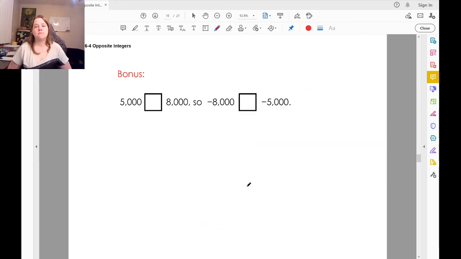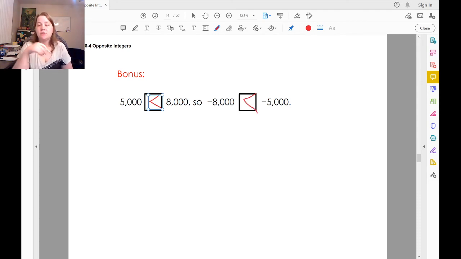Ooh, there's a bonus. Go ahead and try that bonus. Did you try it yet? Okay, just checking. Did you notice that they also changed where the numbers are so that you don't actually have to change the sign?